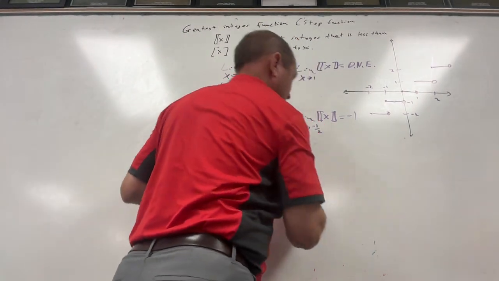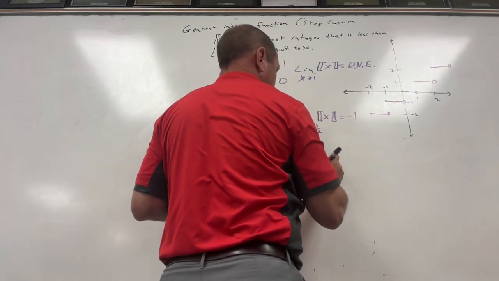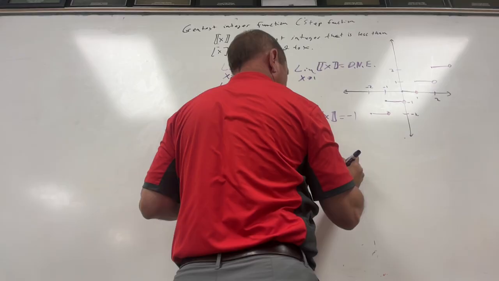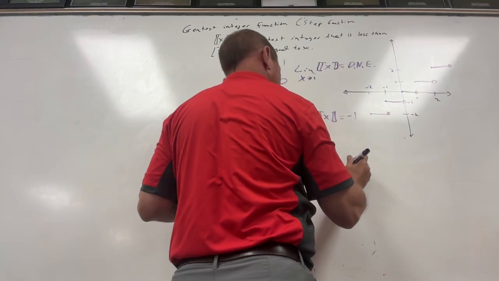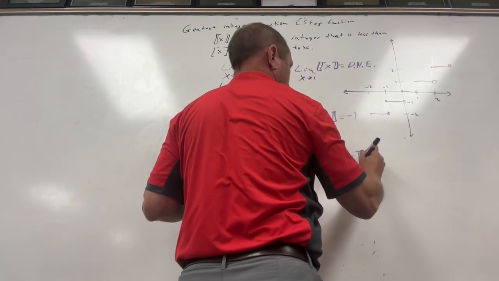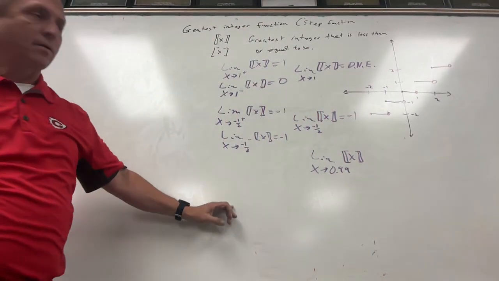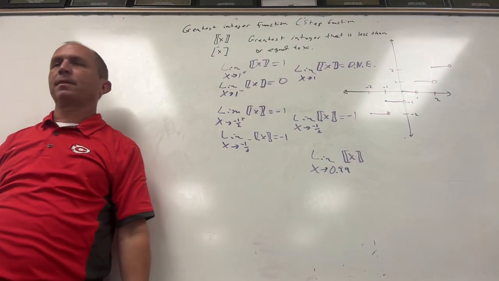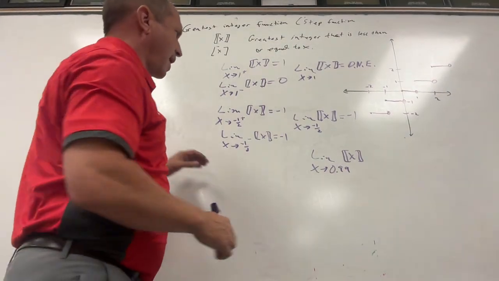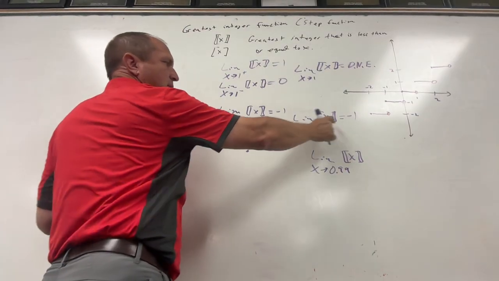So, here we go. The limit as x approaches 0.99. Before I start, I know if the left-hand limit is equal to the right-hand limit, then the limit exists.